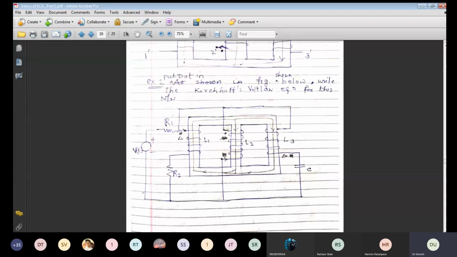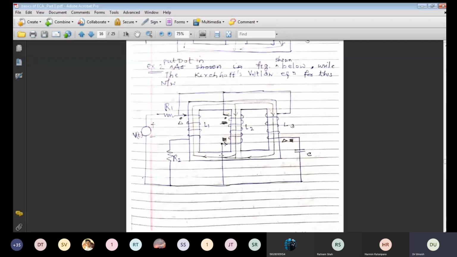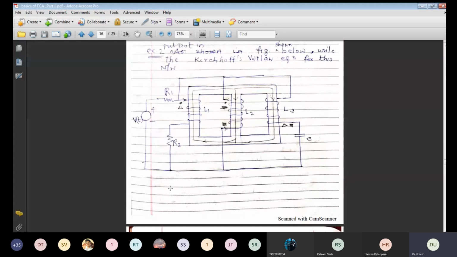Now before we write the equation, I will give 2 points that you have to note. First point: if the dot position of both windings is the same, it means that the dot entering is related to the dot entering of the second winding.